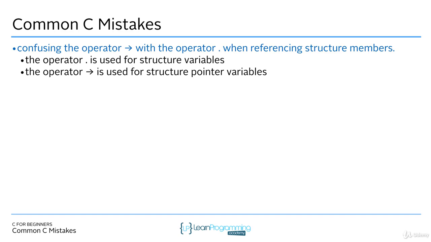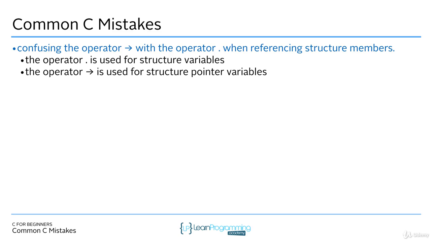This is a common problem with pointers, which we haven't discussed a ton about, but I did want to just mention it because it's very common. In pointers, or even in a struct, when you want to access something by a pointer, you have to use the dash greater than symbol. That's used when you're accessing a pointer element.